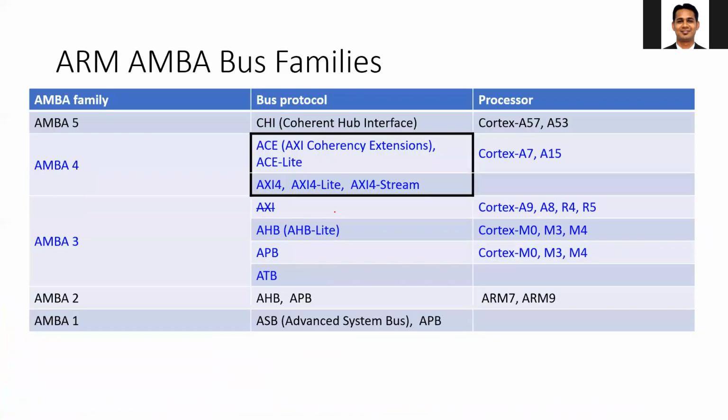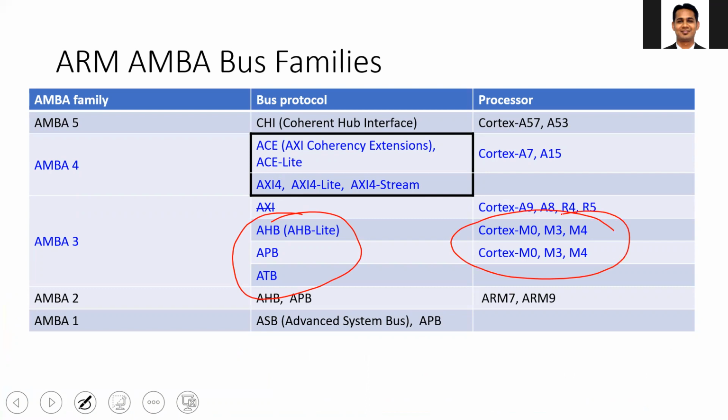This slide shows which protocol is used in which ARM processor. You can see that AHB and ATB are widely used in the Cortex-M for low resource processors or microcontrollers, while in the Cortex-A9, which is the application grade processor, along with these you use the AXI, and this is AXI 3.